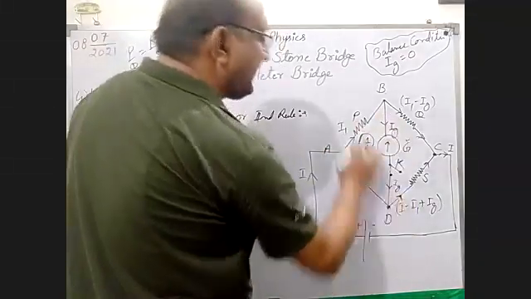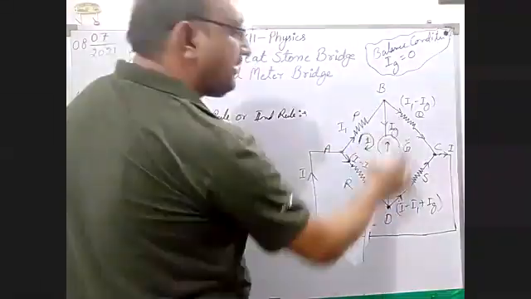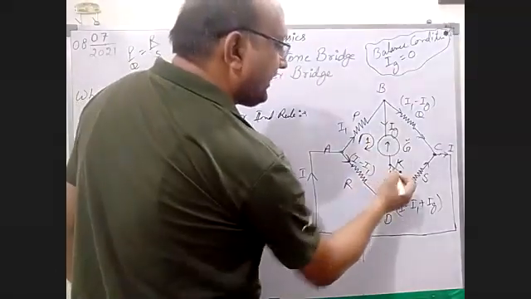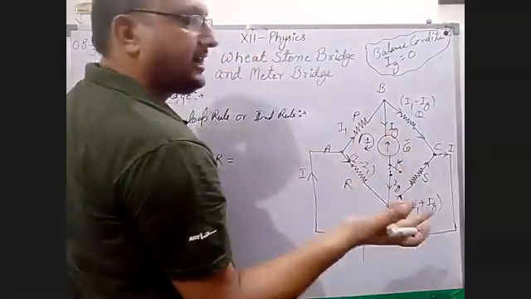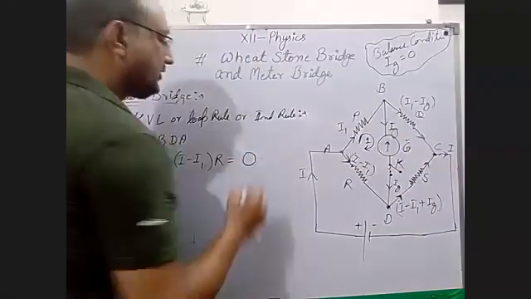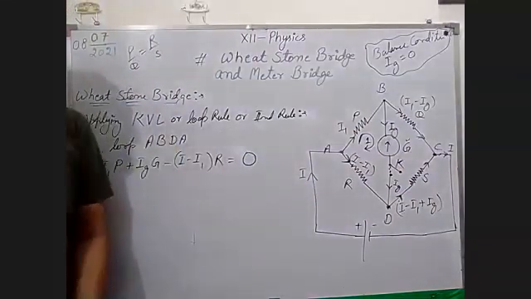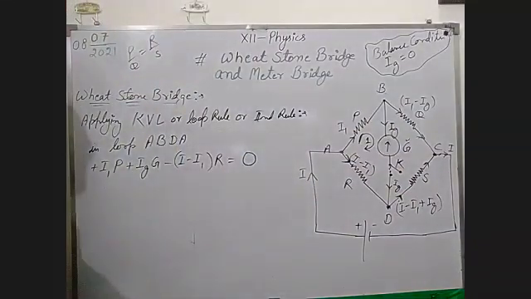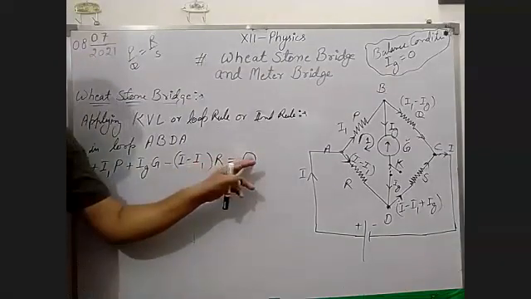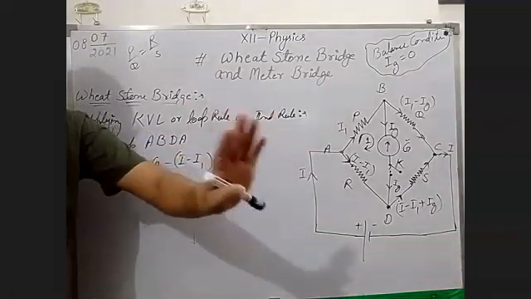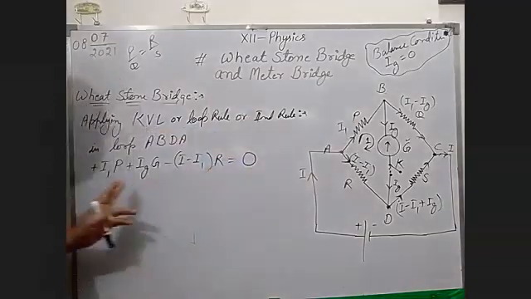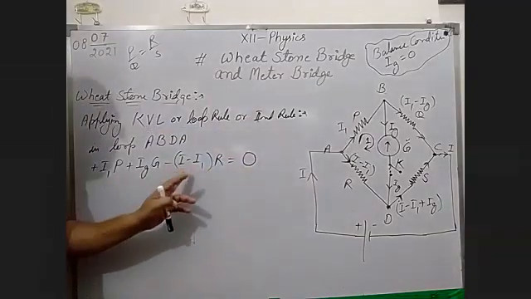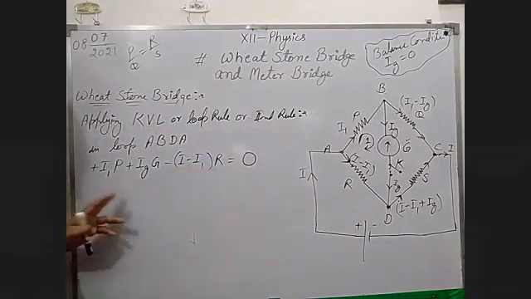How many batteries are there and how are they connected? There is no battery in this loop. The algebraic sum of total EMF is 0, and the algebraic sum of all products of current and resistance is 0. Any doubt, any problem here?